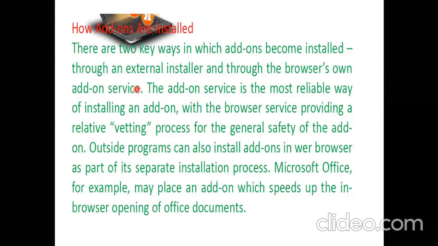So there are two types of add-ons. One is which you can install like a local program. The second is which you can enable in the web browser itself and get added to the add-ons of your web browser. But in both ways, add-ons require the same thing: they will start when the web browser starts. Otherwise, they will not be usable. Even if they are on the local machine, they will not be used. They will be used only along with the web browser.